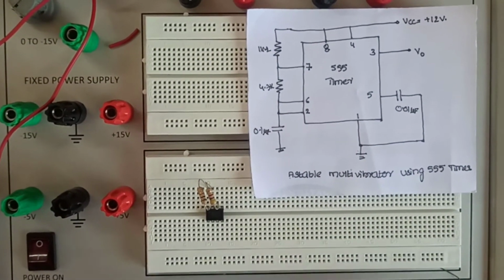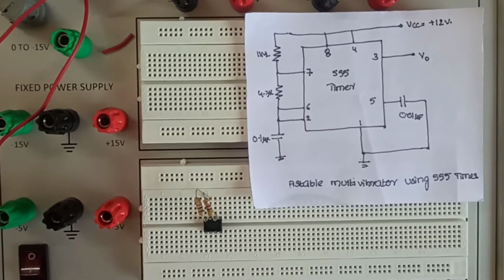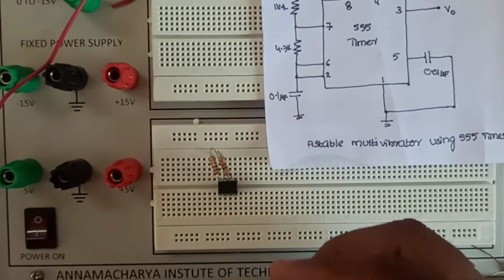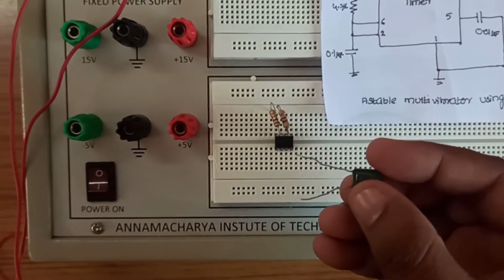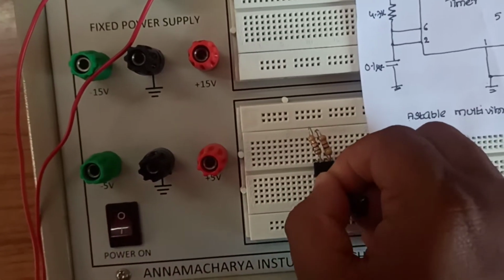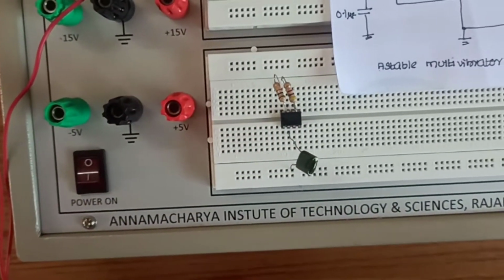There is a capacitor of 0.1 microfarad to be connected from pin 2 to ground. So I am just connecting 0.1 microfarad from pin 2 to ground like this.